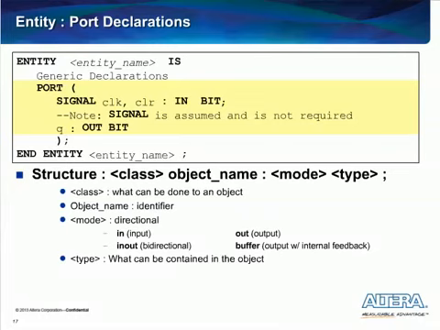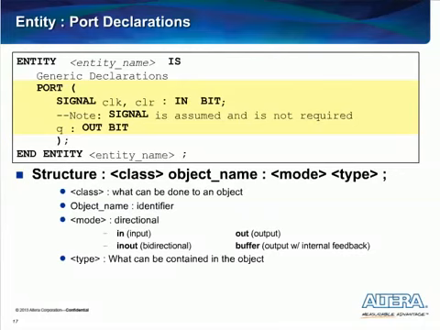The mode is the direction of the port. In VHDL, the keywords for directions are in for input, out for output, in out for bidirectional, and buffer for an output with internal feedback. Typically, input signals can only be read from and not written to. Outputs can only be written to, not read from.